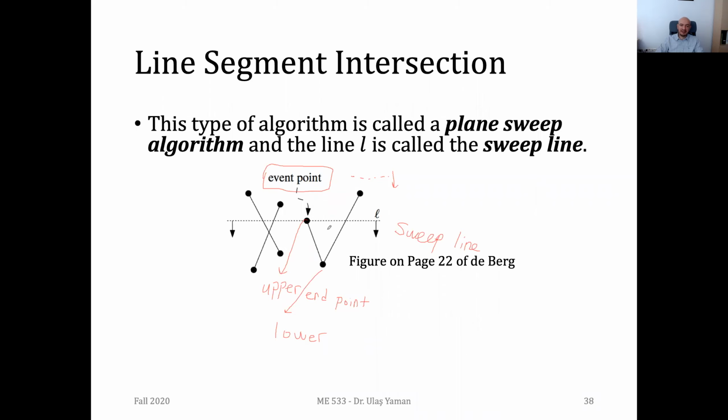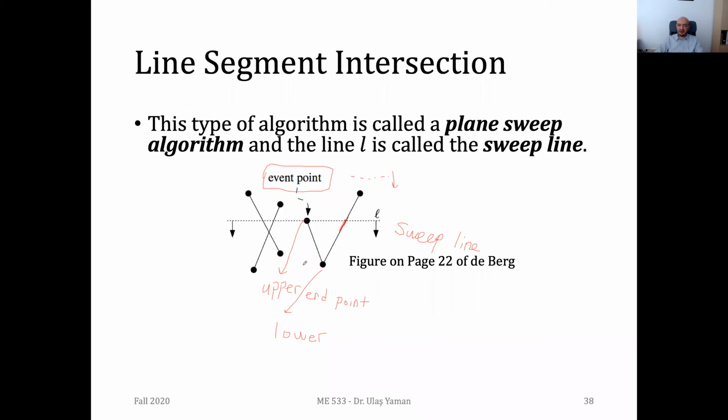If you look here, the neighbor of this new line is the one on the right. So this is a potential intersection, an indication of an intersection. So we check whether this line segment is intersecting with the right one or not, and we do the computation right at this point.